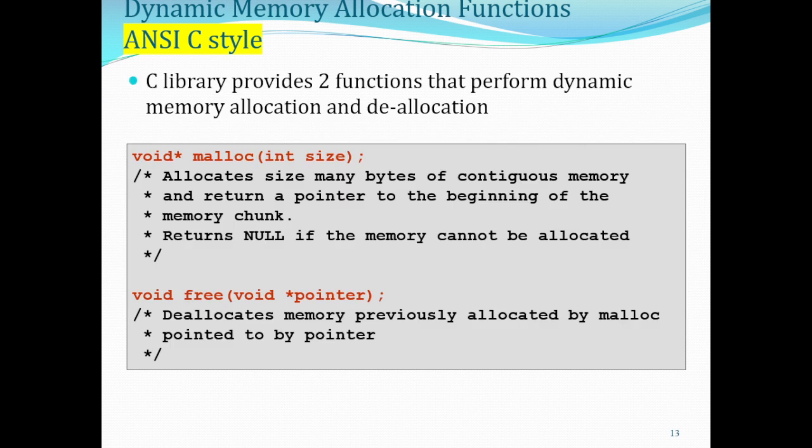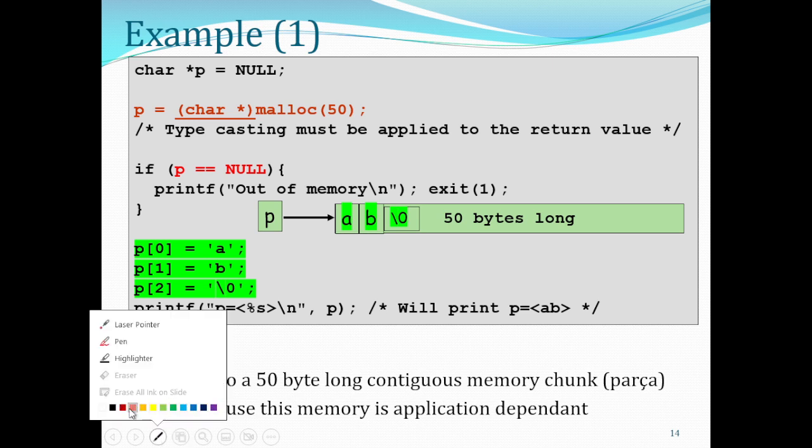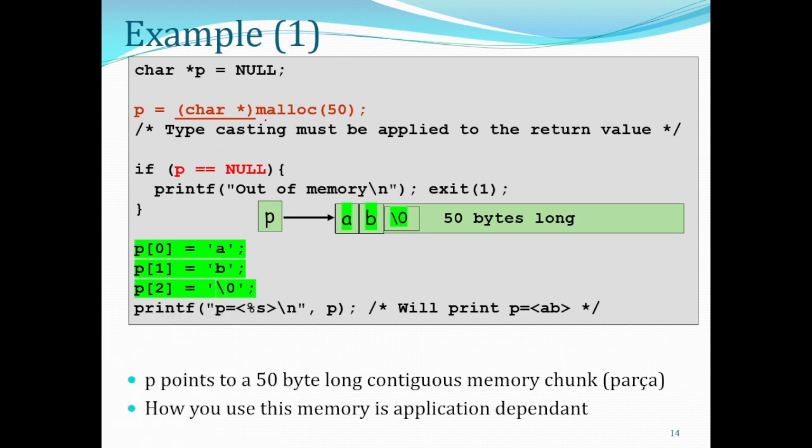So let's say there is a char pointer. Right now it's null. When I run this command, which means char malloc function, if nothing is wrong, the operating system allows me that space. So the operating system gives me a 50 bytes long space.